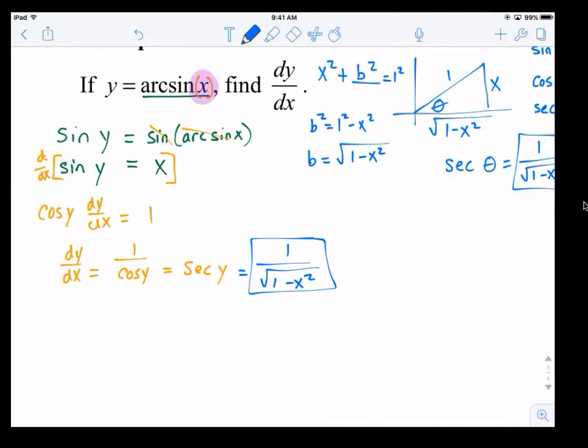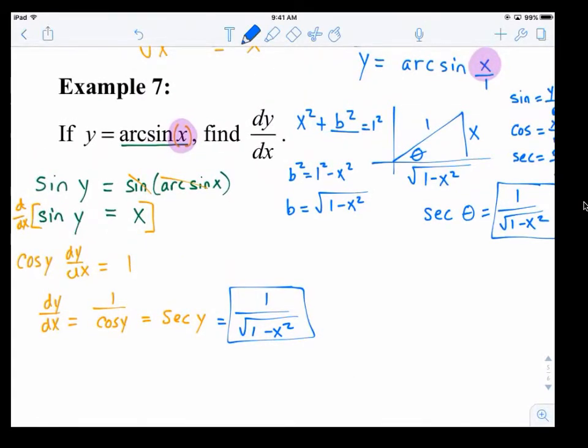This is more like a proof on how we come up with the inverse trig derivatives. You can do the other ones for the other trig functions, but they're a little bit more difficult. But I just want to show you that so that it's not like we're just pulling stuff out of a hat. There's a reason why it is that.